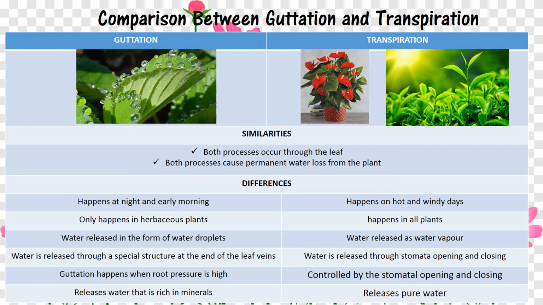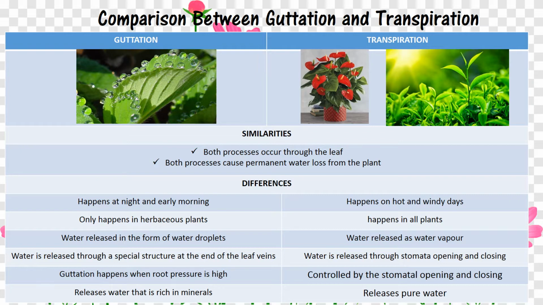Number 5, guttation happens when the root pressure is high, but transpiration is controlled by stomata opening and closing. And the last one, guttation releases water that is rich in minerals, but transpiration releases pure water. These are the similarities and differences between guttation and transpiration.